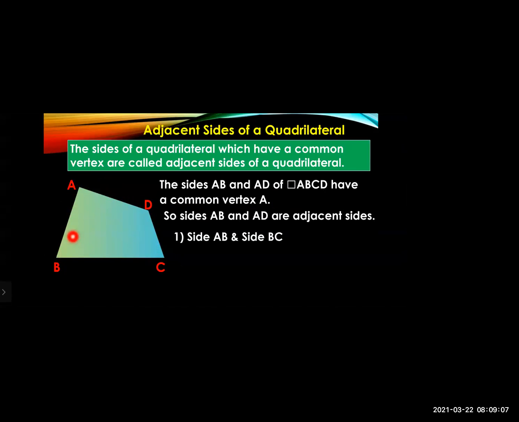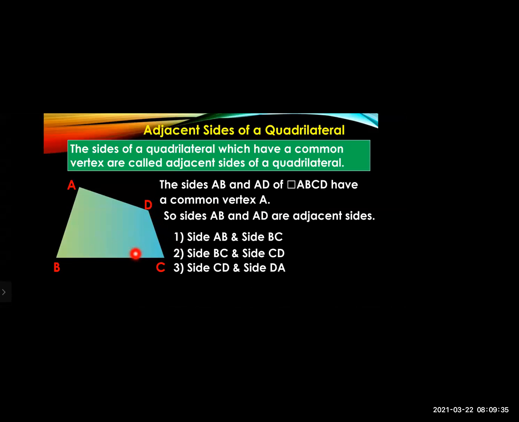Then the second, side AB and side BC. Your common vertex is what? B, in both AB and BC. Now second, side BC and side CD. The common vertex is C. So side BC and side CD are adjacent sides.